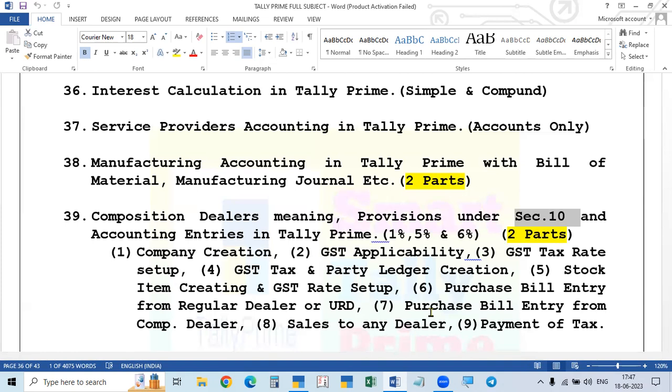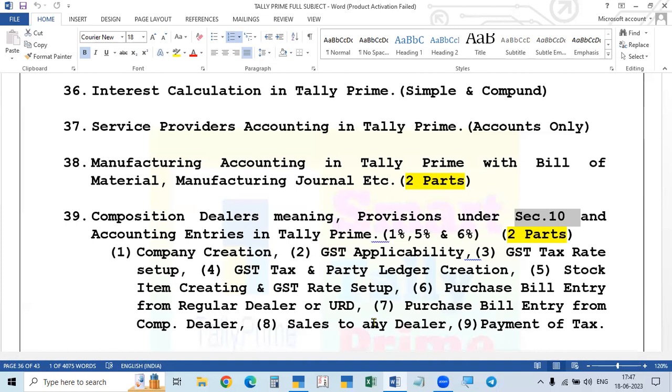So only a bill of supply they can issue. In the bill, the total will be the same as a tax invoice, but the heading will not be tax invoice, it is bill of supply. Below that, they have to mention that they are composition dealers and cannot collect the tax, so that it is made known to the customers.